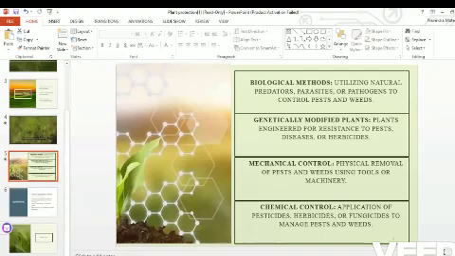Physical removal of pests and weeds using tools or machinery. So for example, hand picking, using nets or fences, plowing fields to remove weeds, and employing traps for rodents or insects.